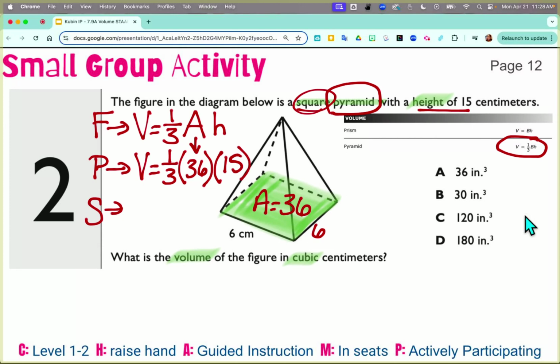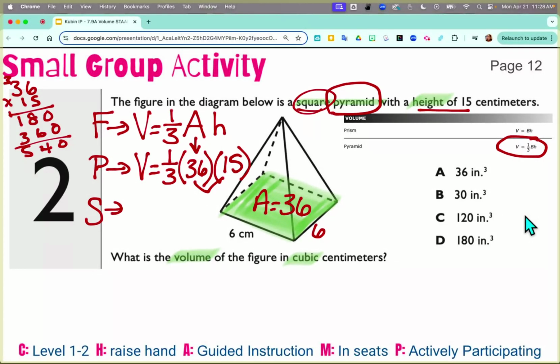So then all I have to do is solve. I'm going to multiply 36 times 15, which is 540.